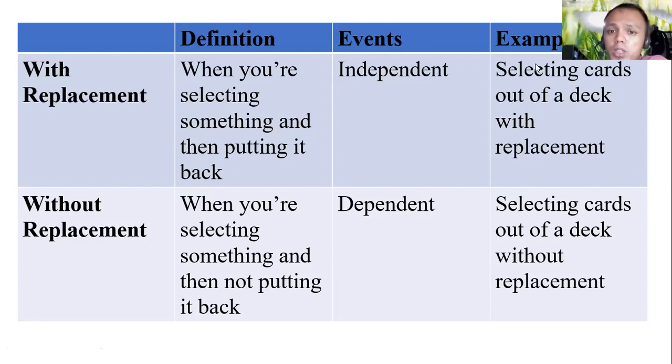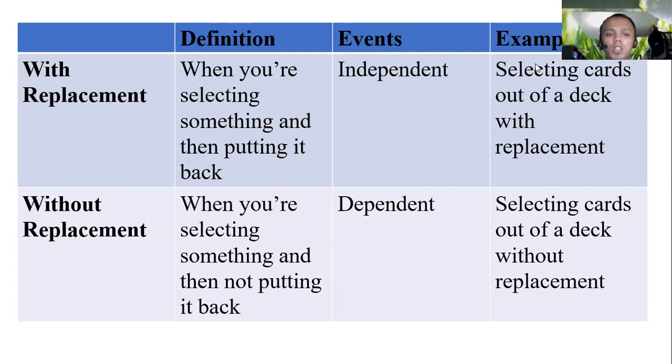That is called replacement. And then you take another card. That is an independent event. So the number of sample space of the second event is not affected when you did the first event, when you drew the first card. The number of sample space did not change.